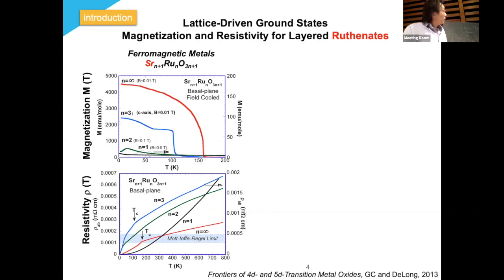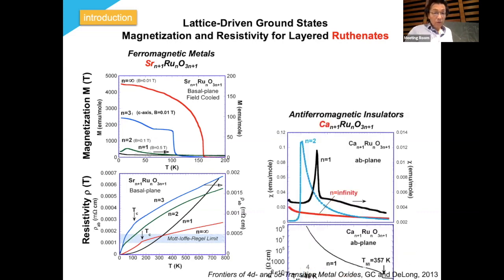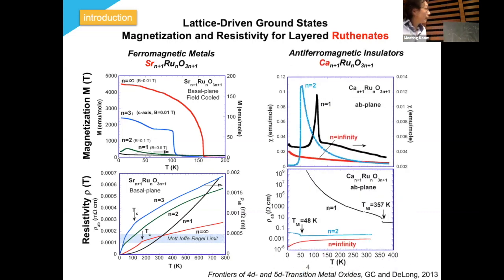But if you replace strontium here by calcium, which has the identical valence state but is 20% smaller in terms of ionic radius compared to strontium, what happens is completely different ground states.